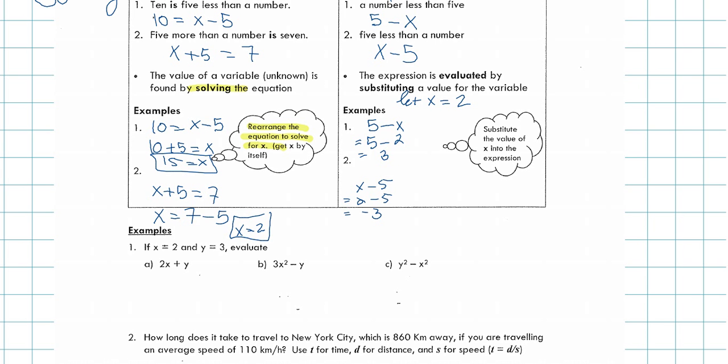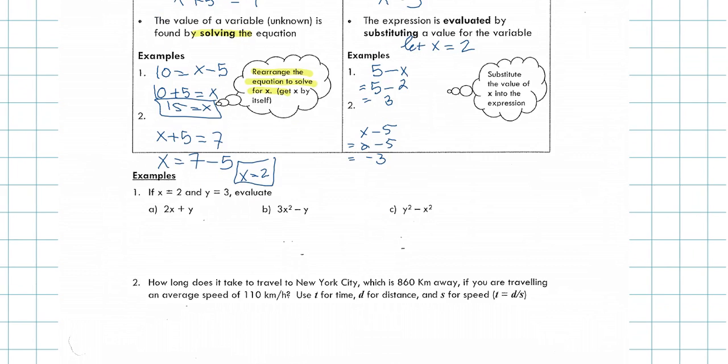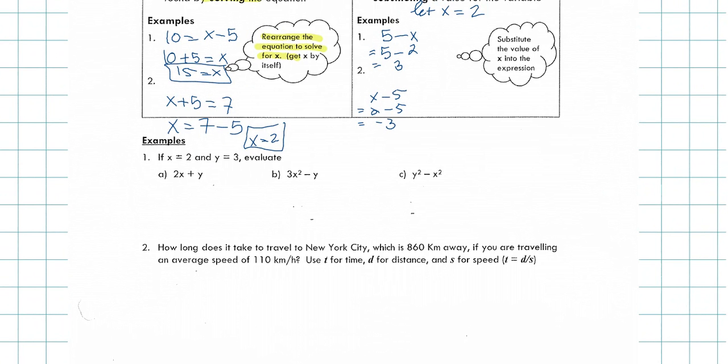Are we okay with that? Okay, so if x equals 2 and y equals 3, evaluate. What do we call these? Equations or expressions? Expressions, because there's no equal sign. Excellent. And I'm asked to evaluate. So to evaluate, I need to plug in the value of x and the value of y in the corresponding spot.